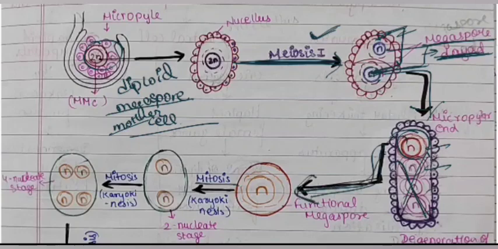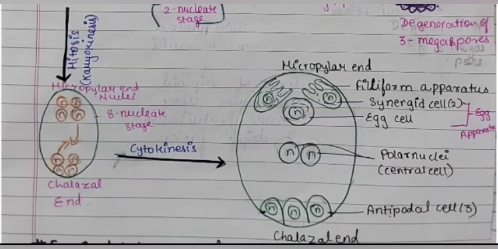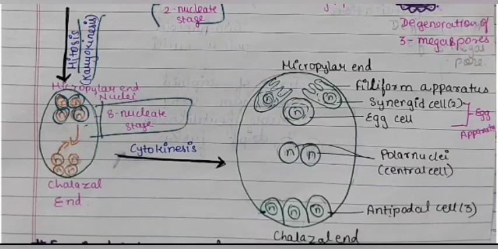In the functional megaspore, mitosis takes place and it forms the two-nucleate stage. Again it divides and forms the four-nucleate stage, which is followed by mitosis again, in which 8 nuclei are formed, okay. So this is the 8-nucleate stage.